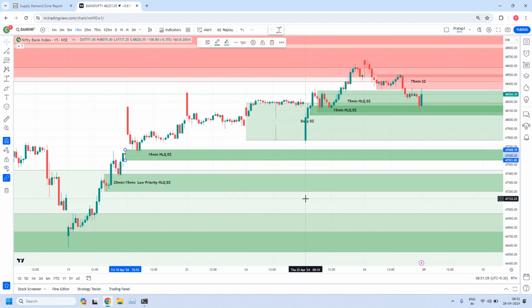See, this is the way we have to do analysis for finding the real institutional order flows. Then only we will identify the right trades.